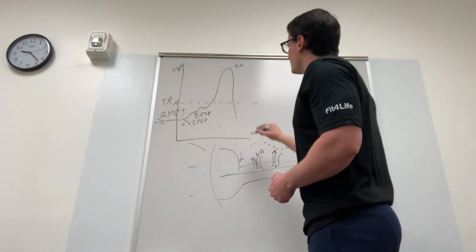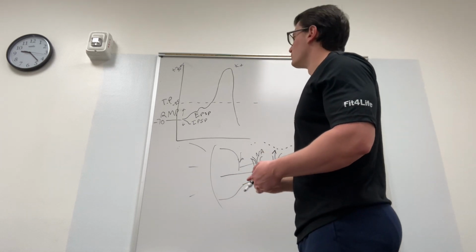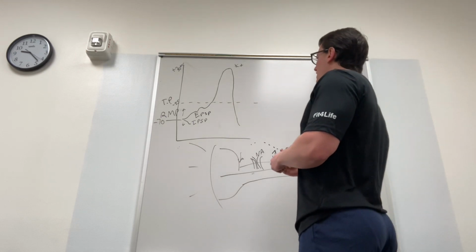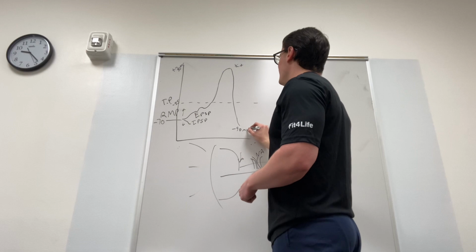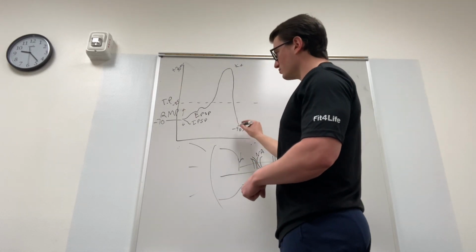And that's actually going to allow us to get all the way back down to even past -70 millivolts. It'll typically take it down to around -90 millivolts. At this point, we're hyperpolarized.